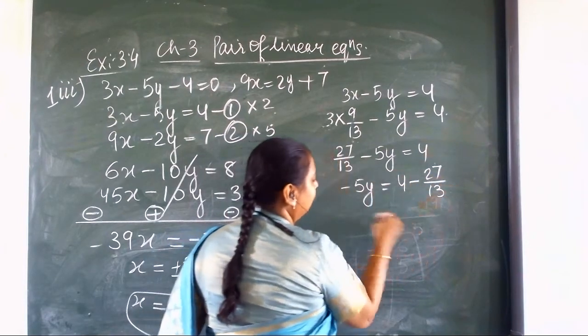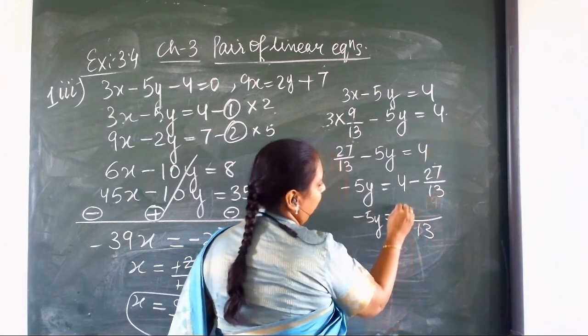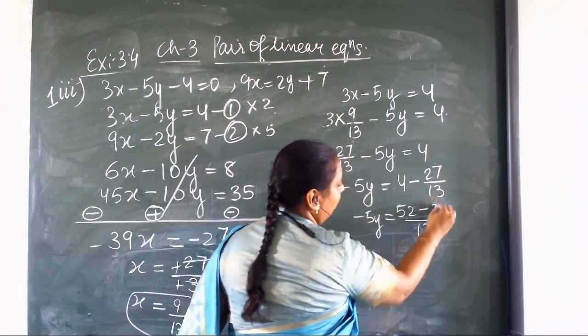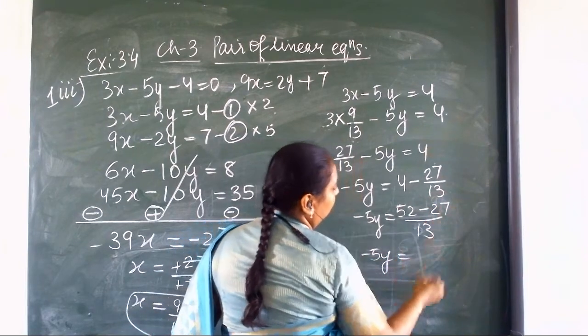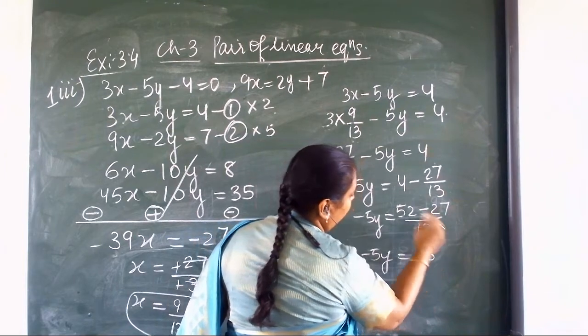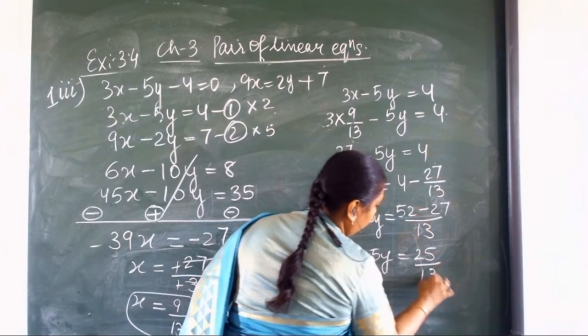Taking the LCM, 13 fours are 52 minus 27, minus 5y is equal to 25 upon 13.